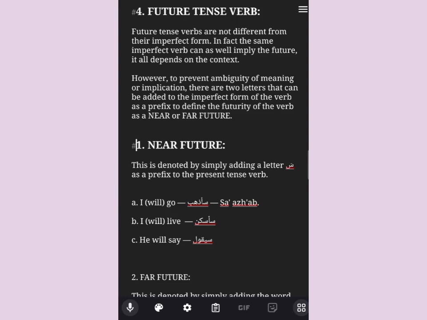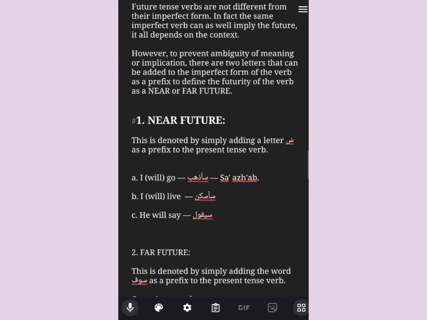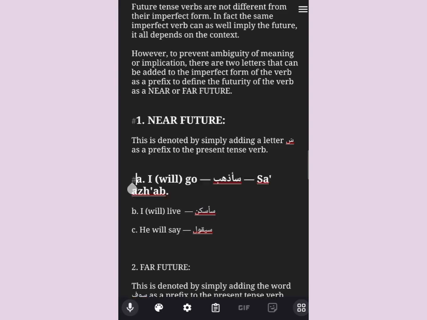So we just add sin fatha, sa, as a prefix to the fi'l mudari to create a sense of near future with no ambiguity. For example, if I say I will go, سأذهب, that makes it near future. I'll go, probably a few minutes after I talked.